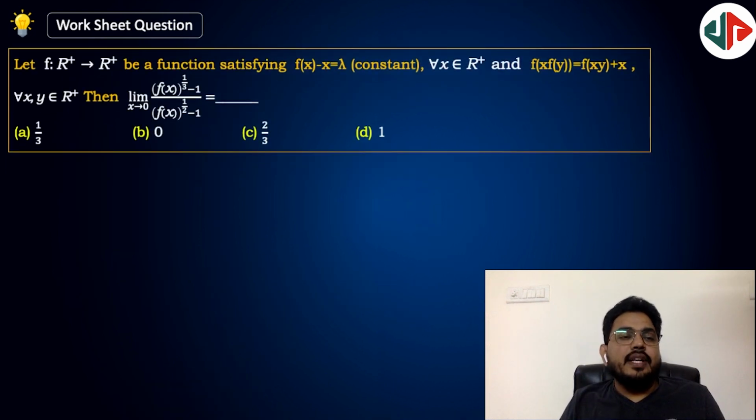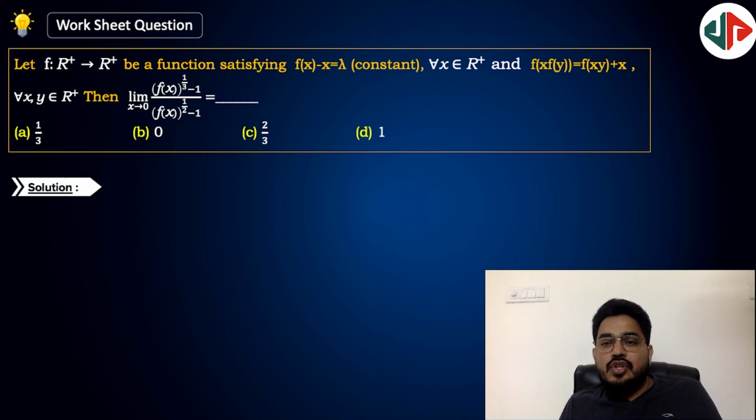Next question: f is defined from R plus to R plus, positive real numbers to positive real numbers, and f of x minus x is equal to lambda, satisfying this condition. So you have to find what is f of f of this one. So f of x is equal to x plus lambda.